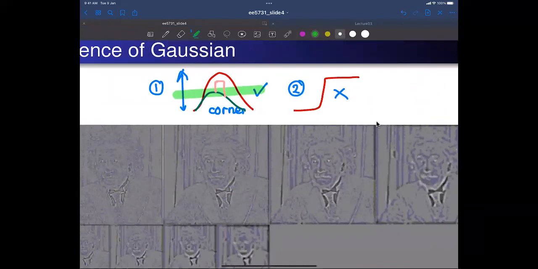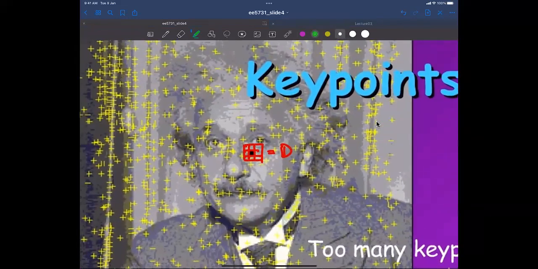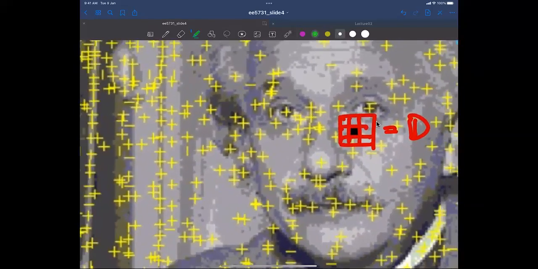The second point here: in many cases the supposed corner key points also lie on edges. For example, if you focus on this area here, it might not be a corner because it is actually a line. Of course, I cannot see the lower scale; maybe in the lower scale or with different Gaussian blurring that is a corner.